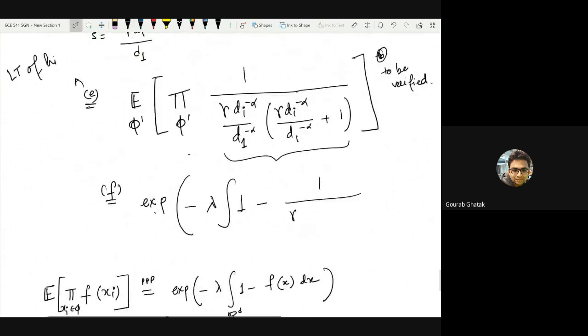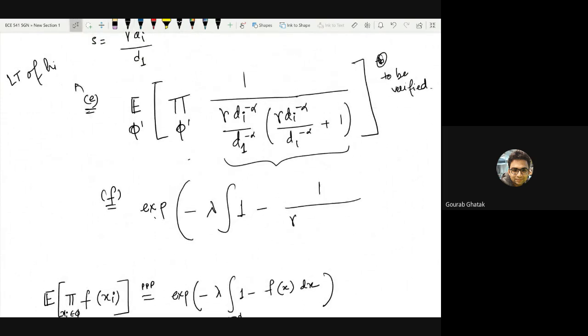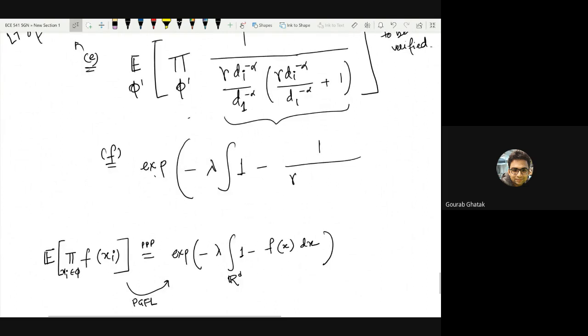Now can you tell me what it would be? You have the result written in front of you here, right? Sir, it should be gamma di to the power minus alpha.